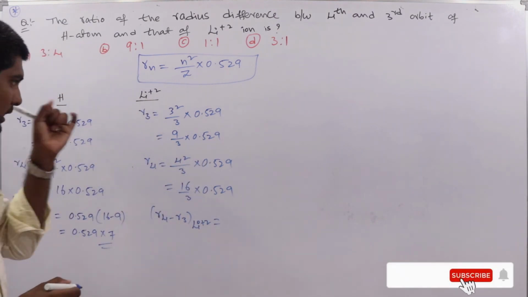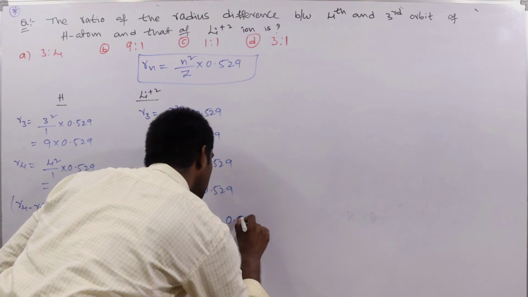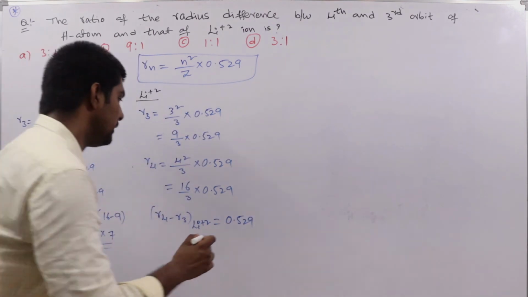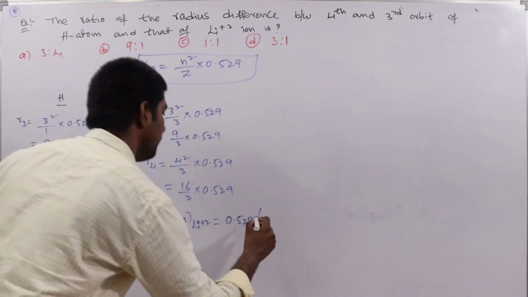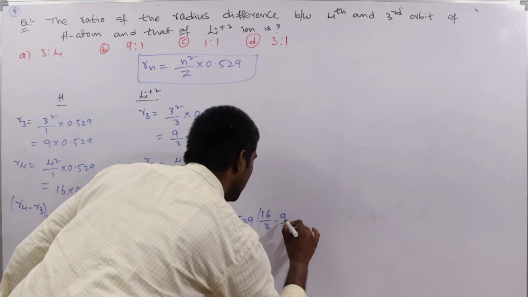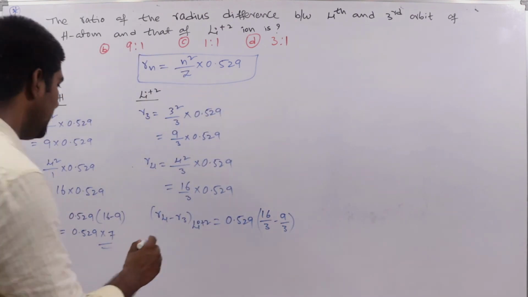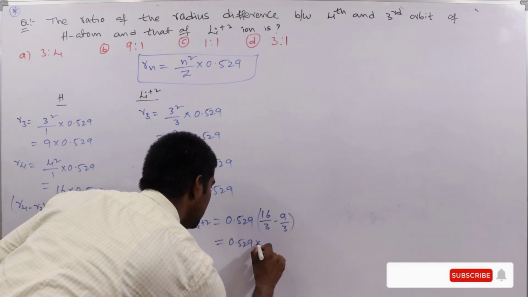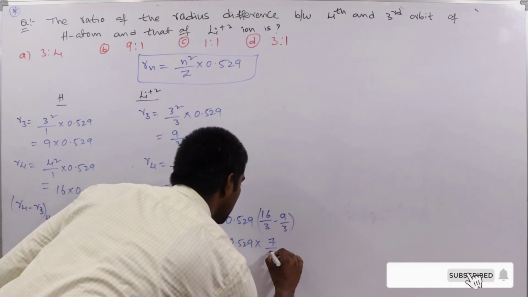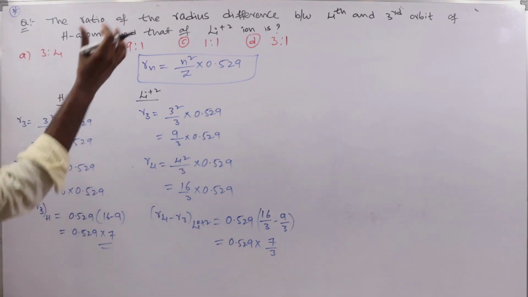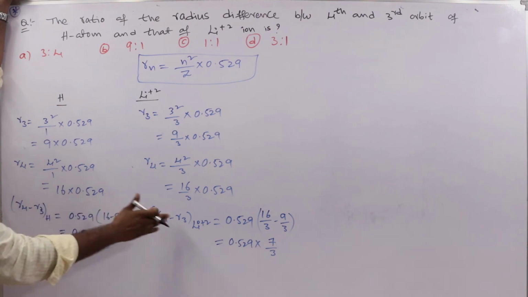Again here 0.529 is common, this minus this we are doing, take it out. So we have 16 by 3 minus 9 by 3, that is equal to 0.529 into 7 by 3. So this is the radius difference for hydrogen and lithium.